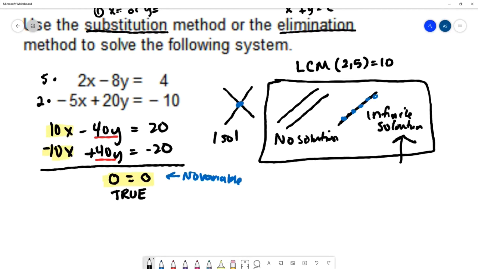So how do we represent those answers, those solutions? It's not any ordered pair, it's only the ordered pairs that are on that line. So here's one way to do it. We call this set builder notation. We're going to say ordered pairs, and these are ordered pairs that are on this line.